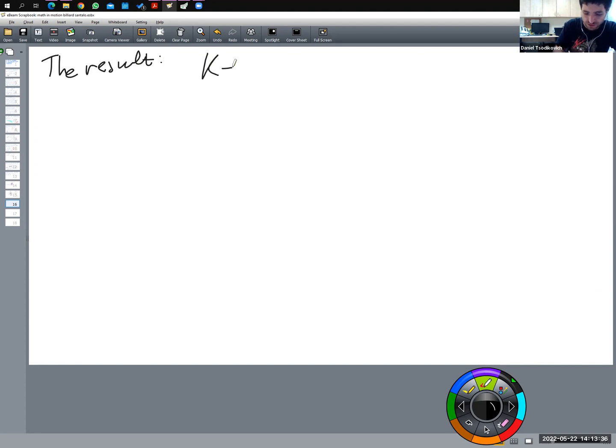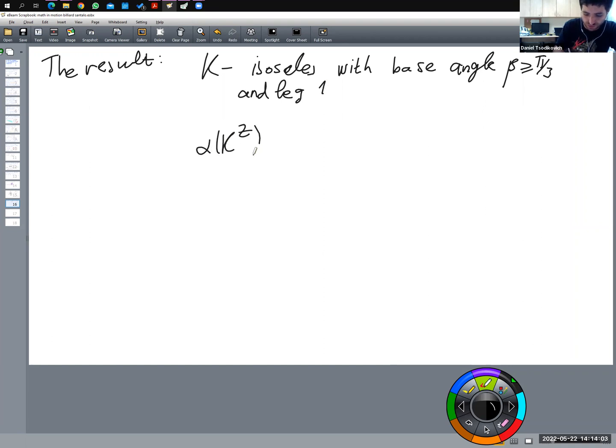is that if K is an isosceles triangle with base angle beta, which is at least pi over 3, because the apex was at most pi over 3, and leg 1, then if kz is a free orbit, alpha of kz is 2 times sine 2 beta over the product of the distances of z from the endpoints.